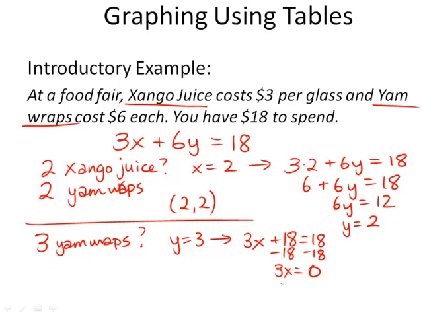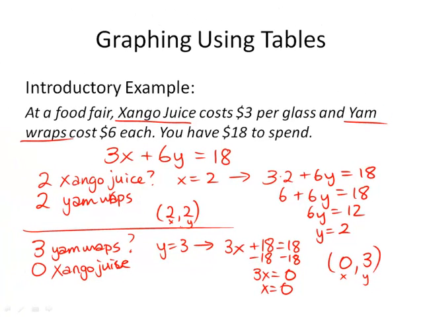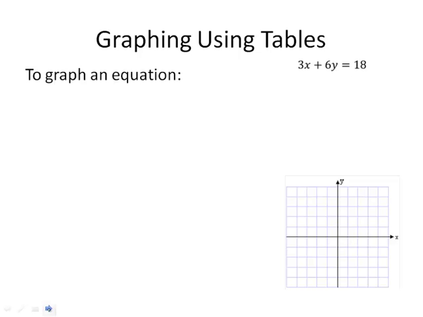So we have no more money to spend on Zango juice, and therefore we can buy 0 Zango juice and 3 wraps. So here's yet another coordinate point that came out of this: 0, 3. Notice I'm putting my x first and my y second. So those are 2 possible points, but there are many more. Many, many more.